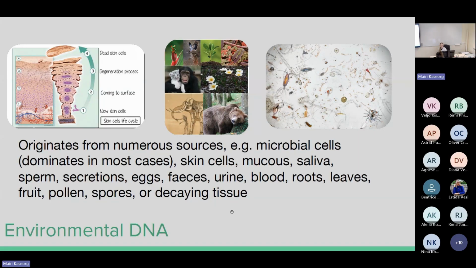So it can be skin or saliva and all these different kinds of secretions, eggs, blood, and also, of course, the roots and other parts of plants living in and on the soil, and so on and so on. And of course, when organisms die, once they decay, also their DNA becomes part of the surrounding soil.